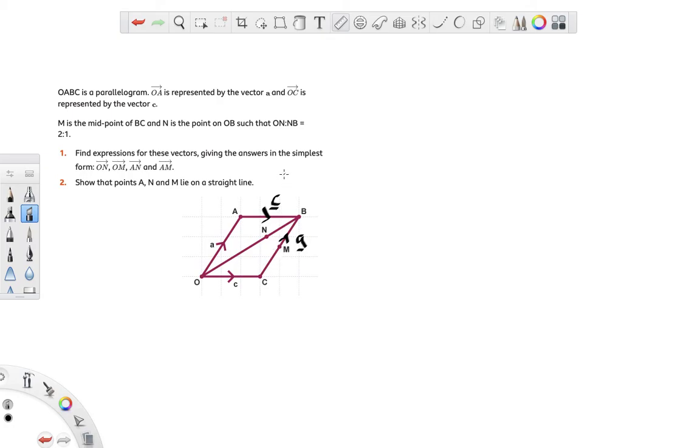Then the third thing we need to know is this ratio. So O to B is 3 parts. And then it says O to N and N to B are in the ratio 2 to 1.